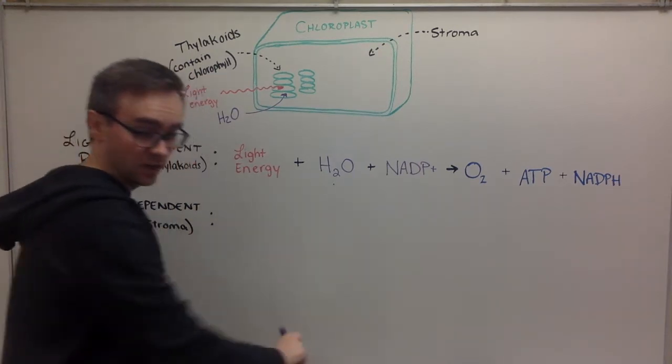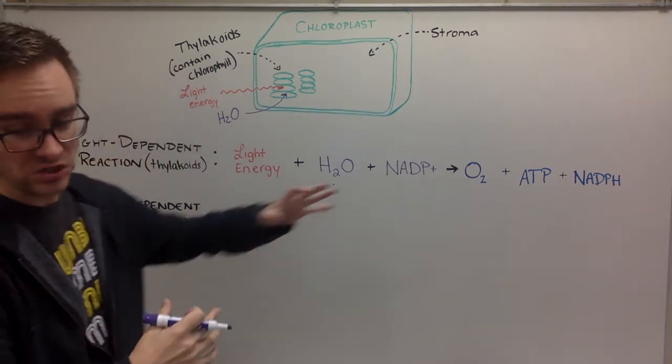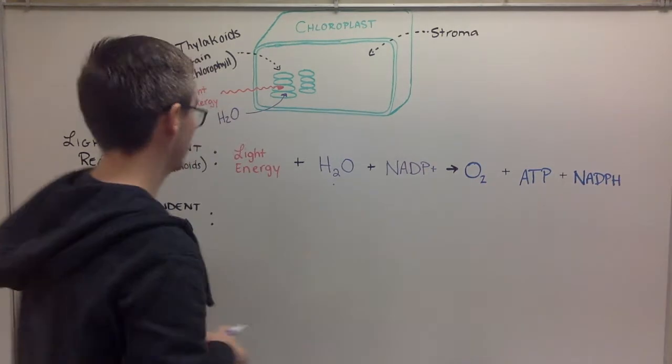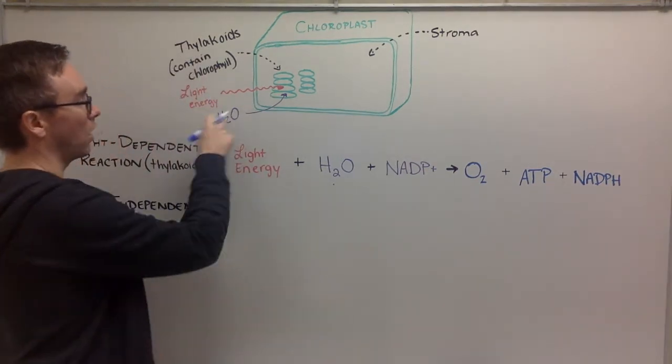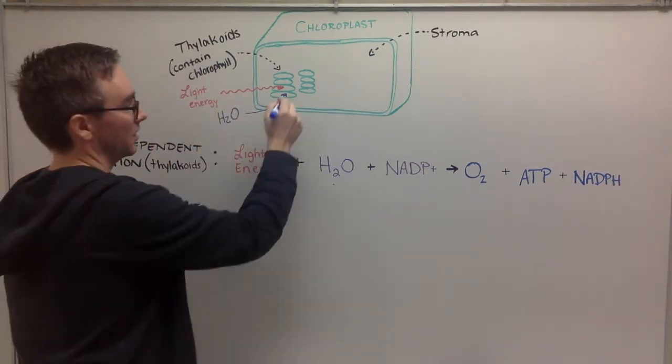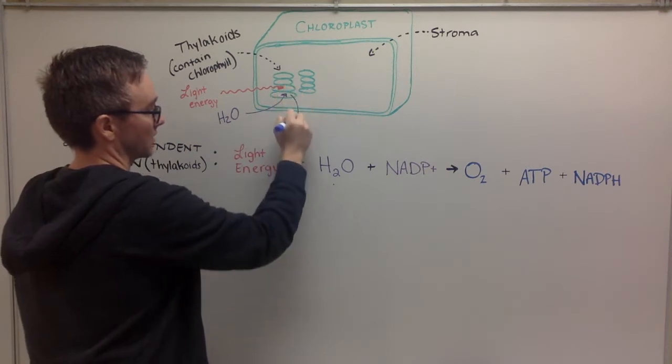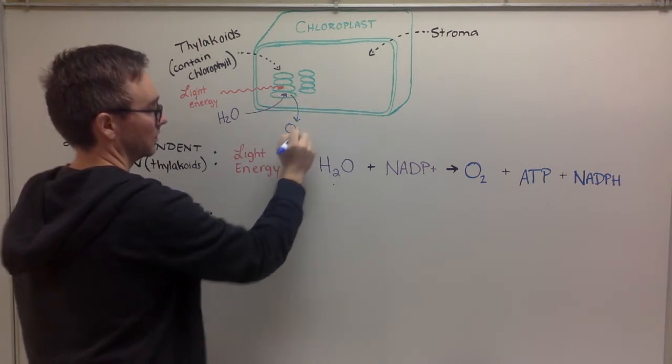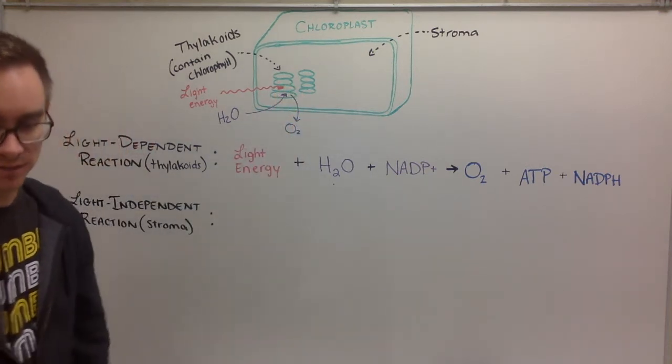So in this reaction, we are going to take some of the things that we made over here. In the first one, we had water and light energy come in, and what came out was oxygen. So we released our oxygen there.